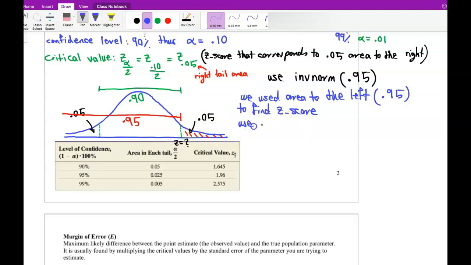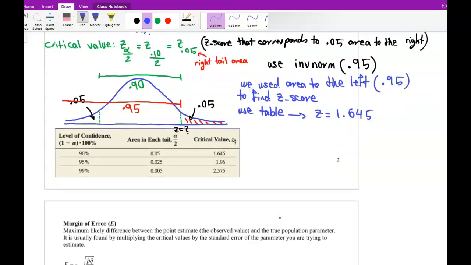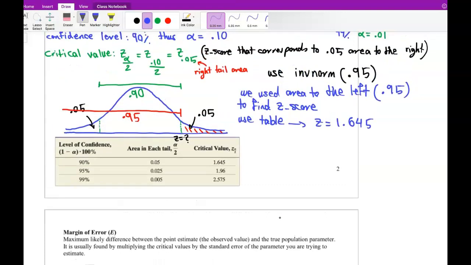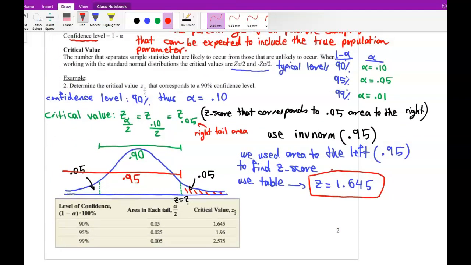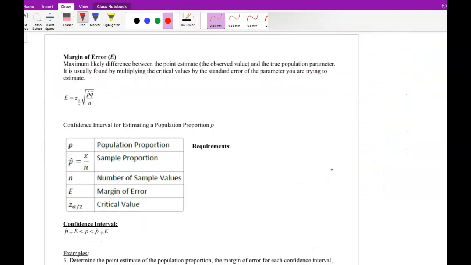And using table, z was equal to 1.645. So this is the final answer for this part. That is our z. Okay, then next page.